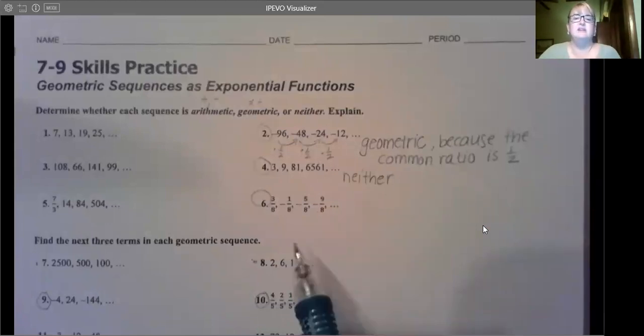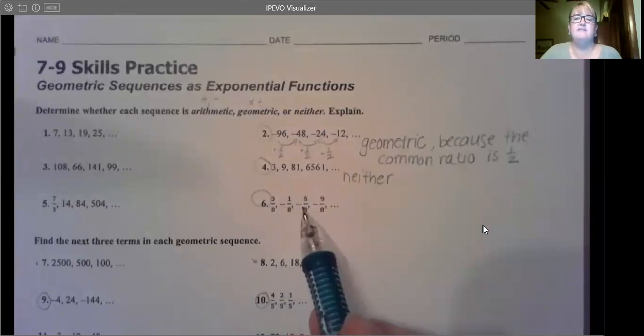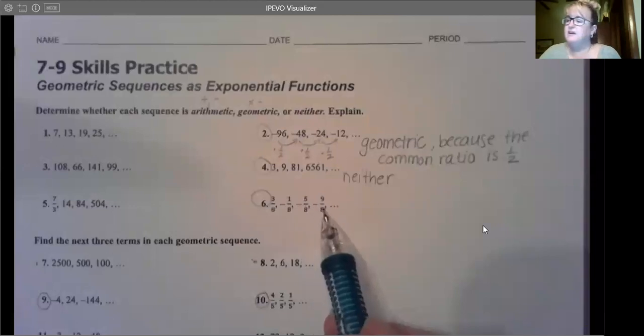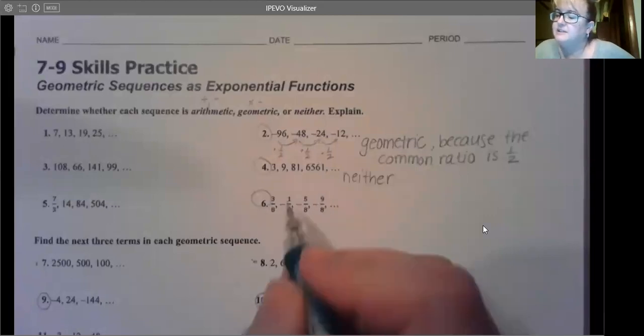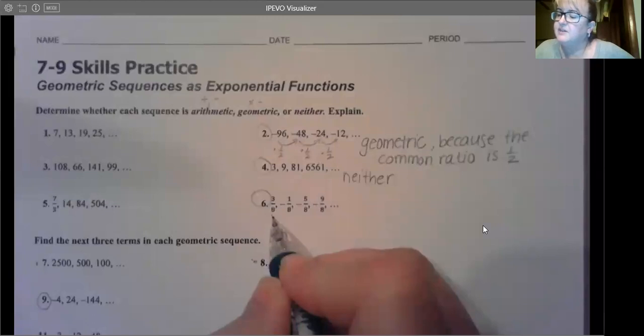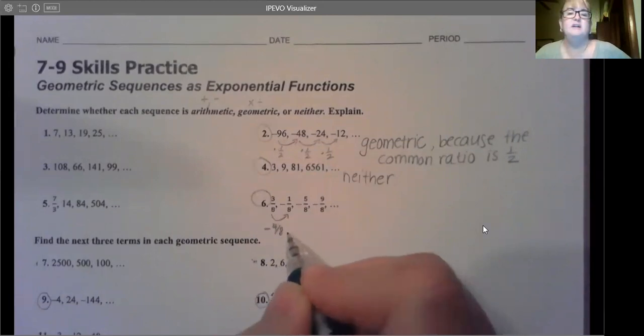Okay, let's take a look at number 6. 3/8, -1/8, -5/8, -9/8. So we're all in the land of eights. We are subtracting. So let's see. To get from 3/8 to -1/8, you would subtract 4/8, right?